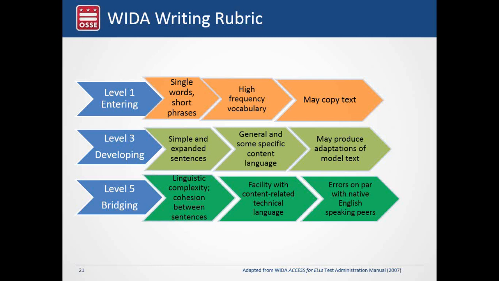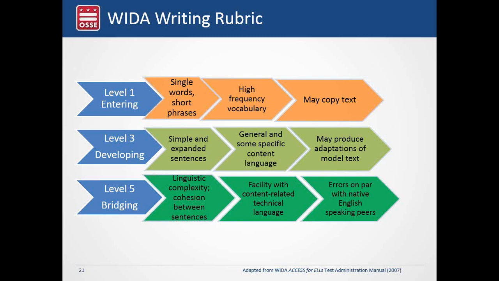A student at level 3, or the more intermediate level, should be able to produce sentences with some errors. The language may not be super complex, but if they're presented with a model text, they can adapt that and produce for you a product of their own.